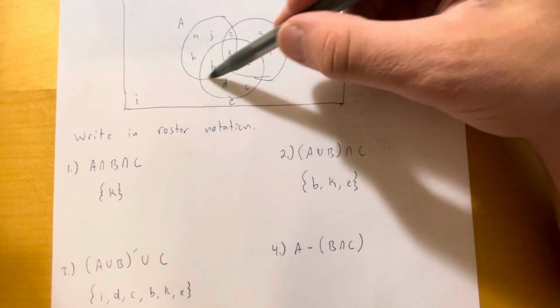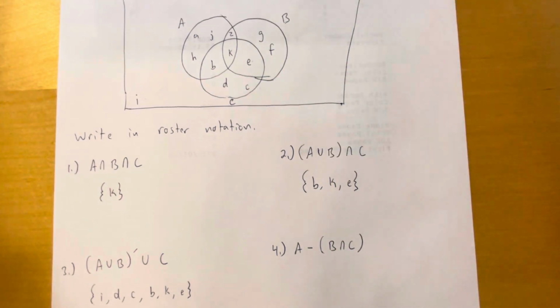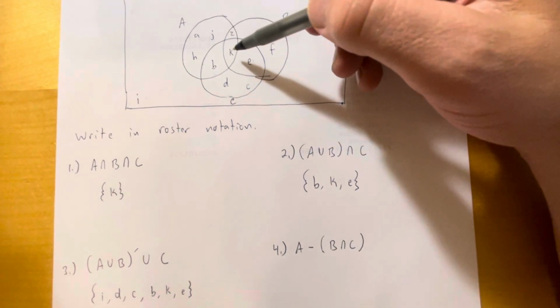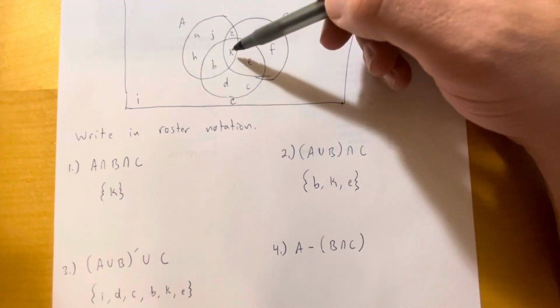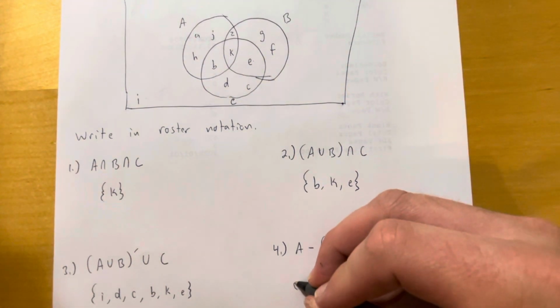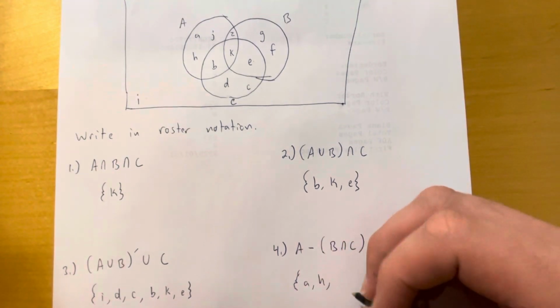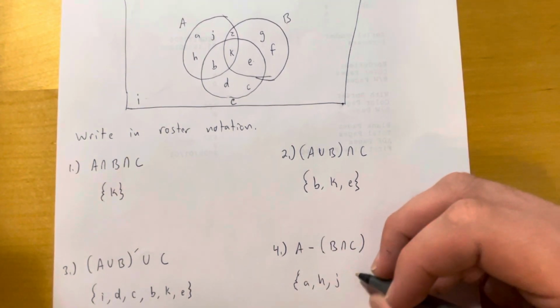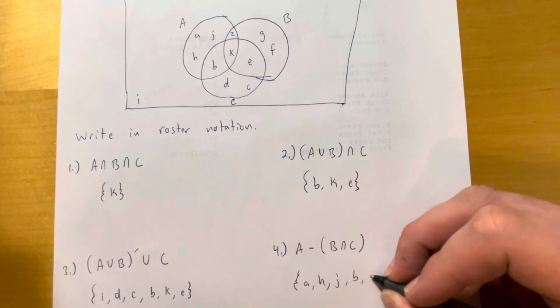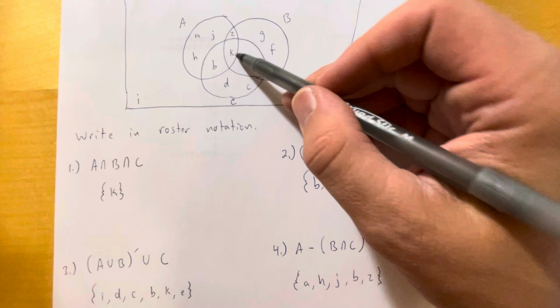K does belong to the set A, and the set difference says to throw that out. So now what we're left with is the set A, but after removing this element K, which is going to look like the set containing A, H, J, B, Z. That's the set of everything in A except for K.